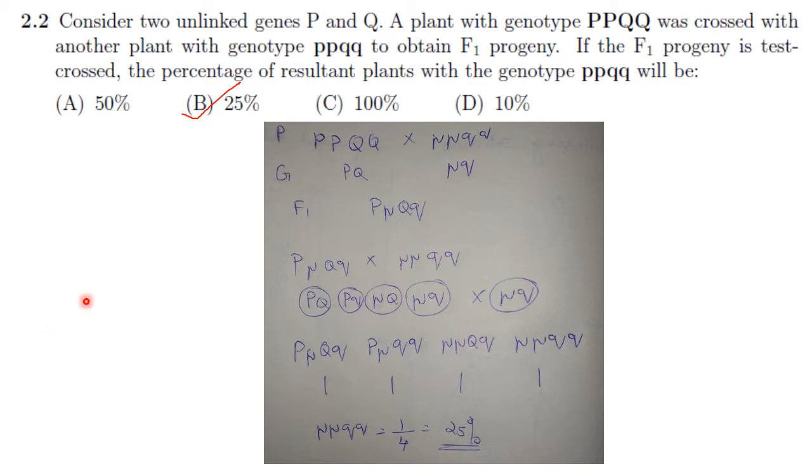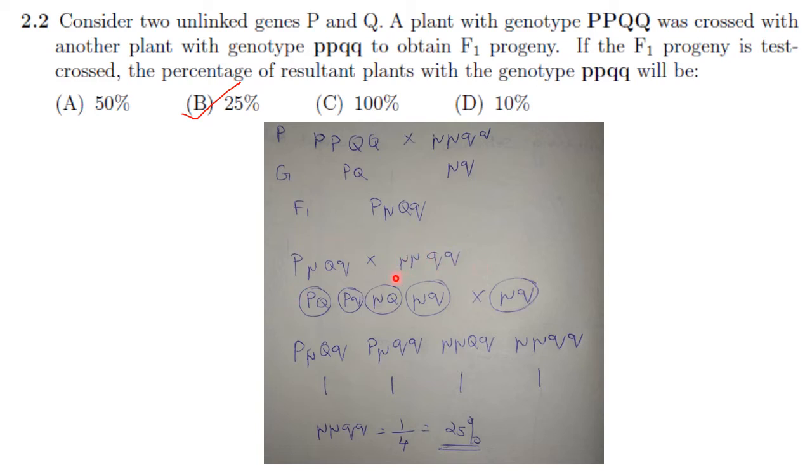recessive. So this is the cross, these are the parents, capital P, capital P, capital Q, capital Q, crossed with small p, small p, small q, small q. The gametes are PQ and pq, and the F1 progeny is capital P, small p, capital Q, small q. Now the F1 progeny is test crossed.